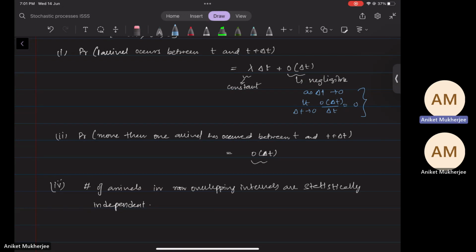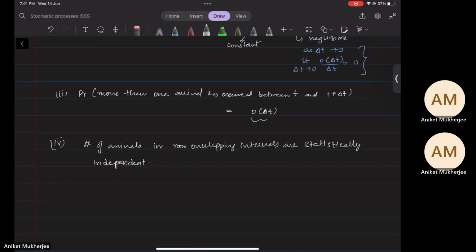So what does this mean? Suppose you observe an interval here and you say that some number of cars have arrived in this. And then you observe another non-overlapping interval here, and some number of cars have arrived. The number of cars arrived here doesn't play any role on the number of cars that arrive here because they both have no overlap.